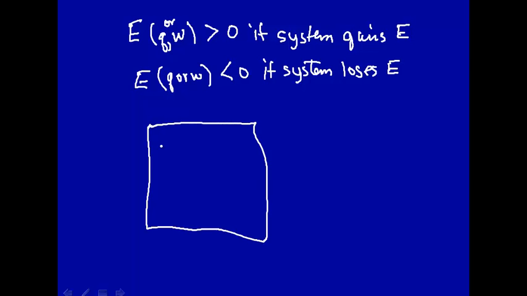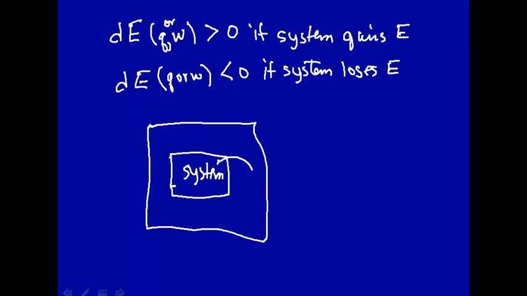All right, so here's our universe, here's our system. Now, actually we should be writing dE or delta E. If the energy change is greater than 0, then the system has gained energy.